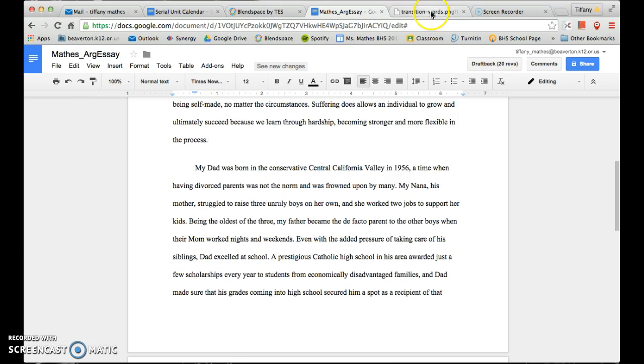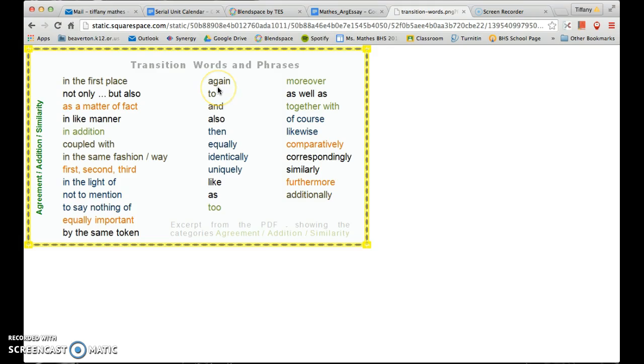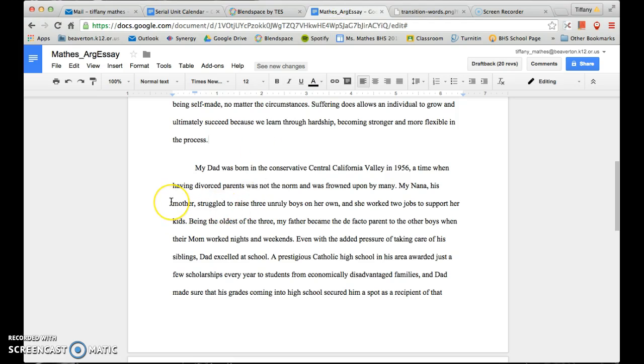I Googled it, and they have all these examples of what transition words are. So I think really basic ones are firstly, second, third, as a matter of fact, furthermore. Those are all really common transition words. So I'm going to incorporate those into my essay.